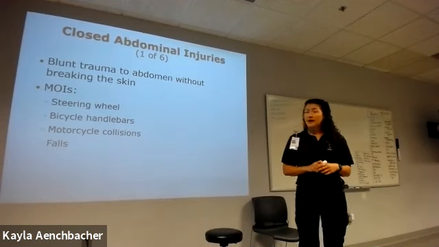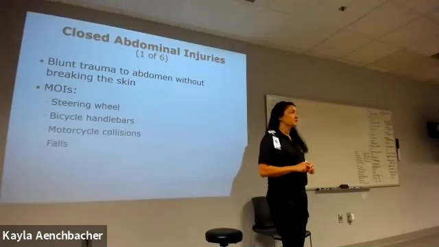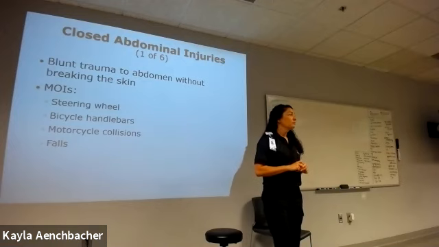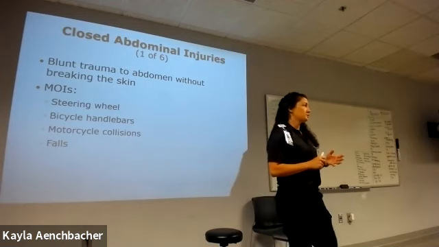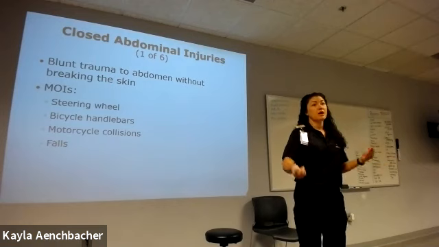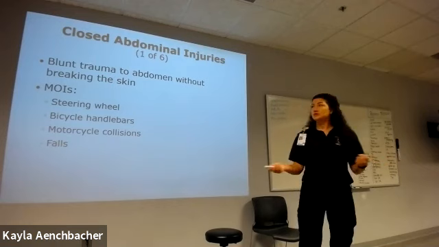With the pattern of most of the open versus closed, typically, guys, those closed injuries are going to be mostly secondary to what? Yes, blunt trauma, right? And typically when we see those open injuries, it's going to be secondary to penetrating trauma, just by definition, just by nature, okay?